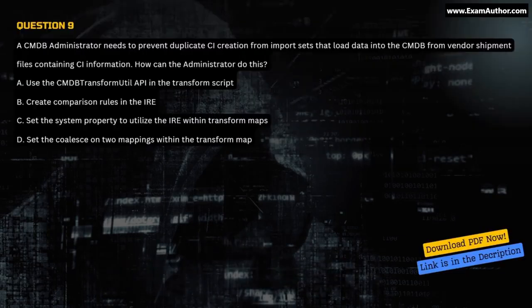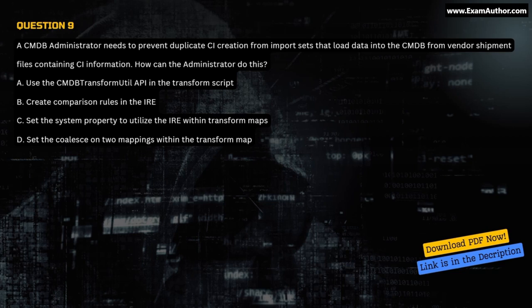Question 9. A CMDB administrator needs to prevent duplicate CI creation from import sets that load data into the CMDB from vendor shipment files containing CI information. How can the administrator do this? A. Use the CMDB Transformutl API in the transform script. B. Create comparison rules in the IRE.